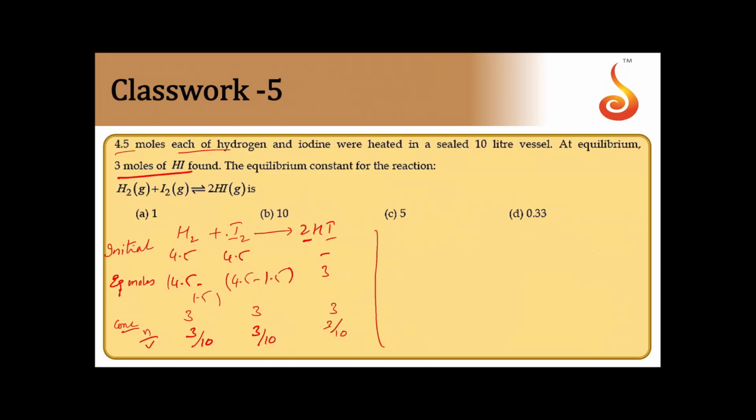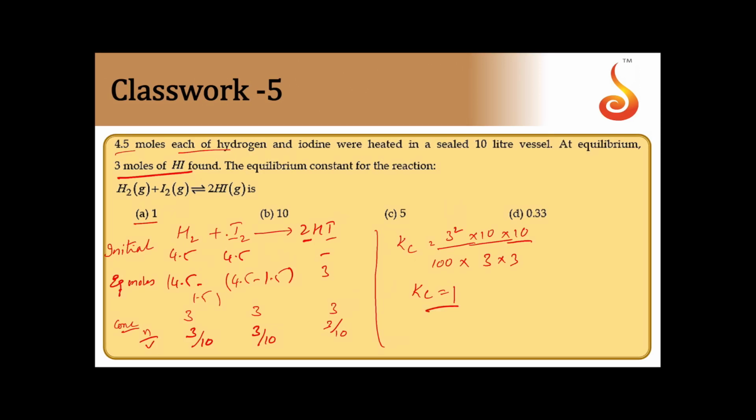Now substituting in the equation, Kc will be equal to HI square, with HI equal to 3 by 10, so 3 square by 10 square, which is 100, into the concentration of H2 into the concentration of I2. It's again 3 by 10 into 3 by 10. So the answer comes to 1. So Kc became equal to 1. So the answer is option A, 1.